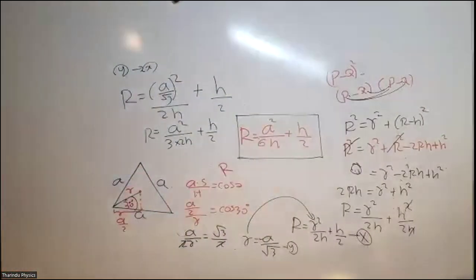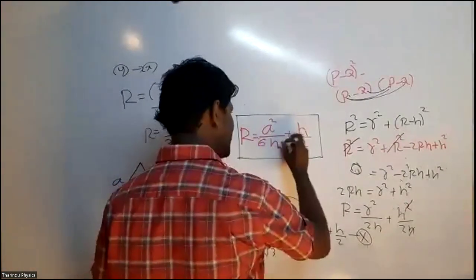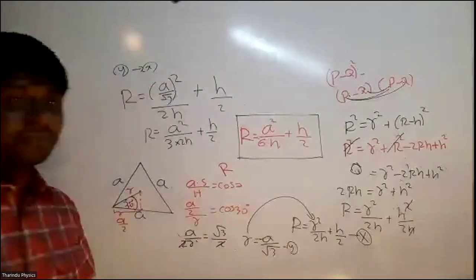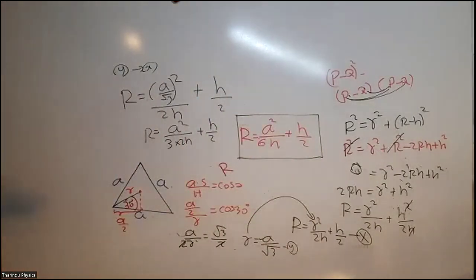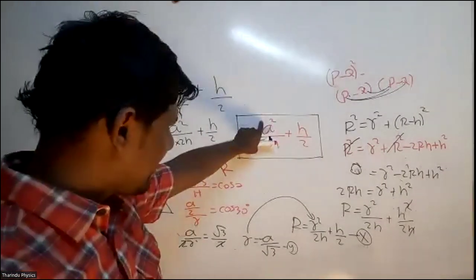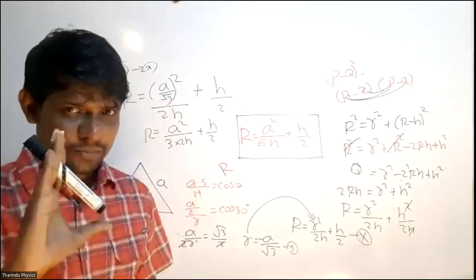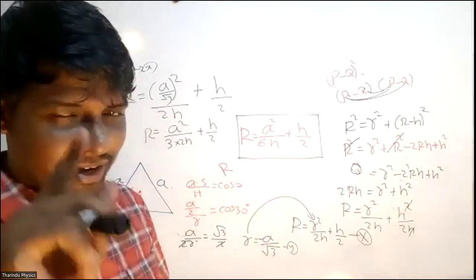Only thing you need to know is you have to identify what is A, what is H. That's it. That is the only competence level expected in A level. I guarantee you.